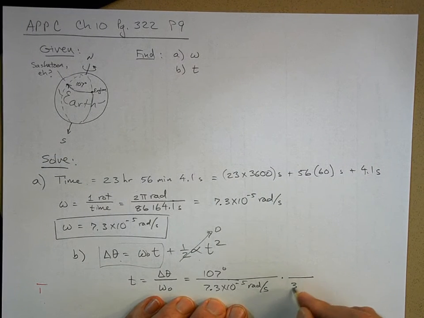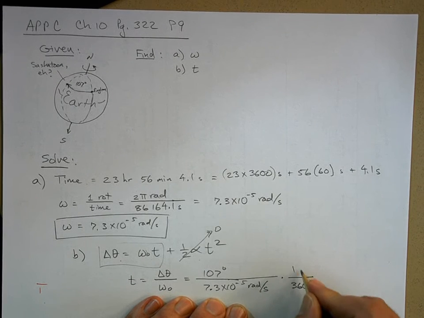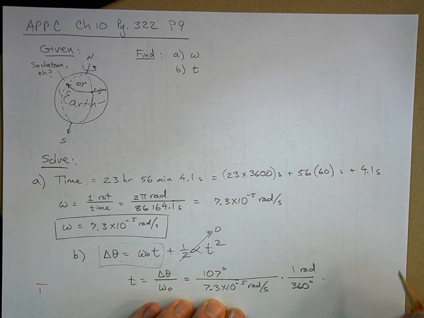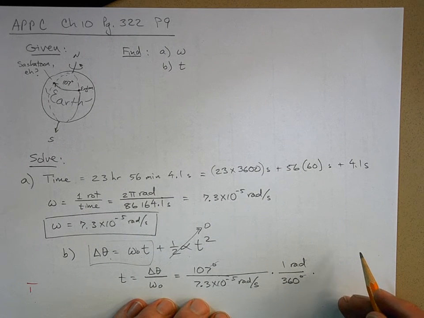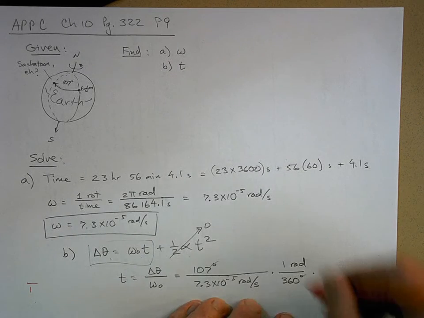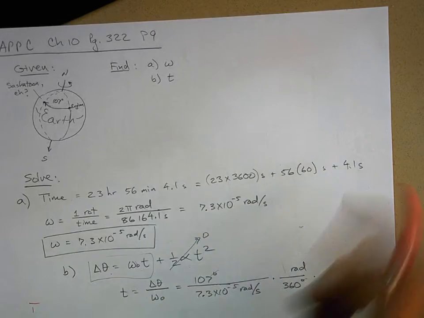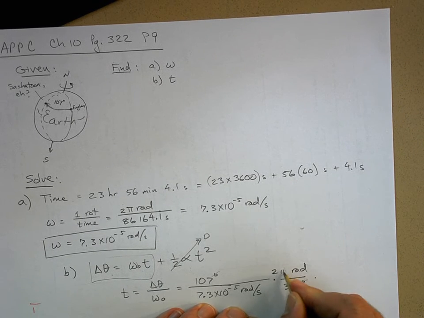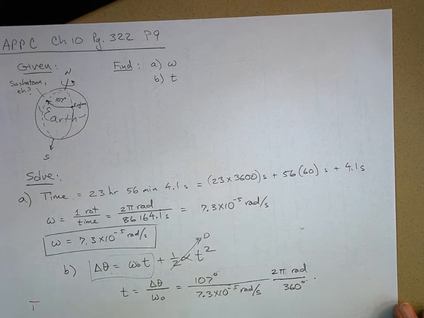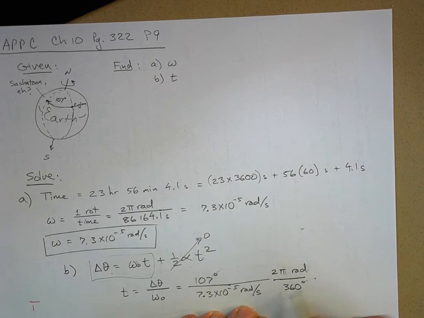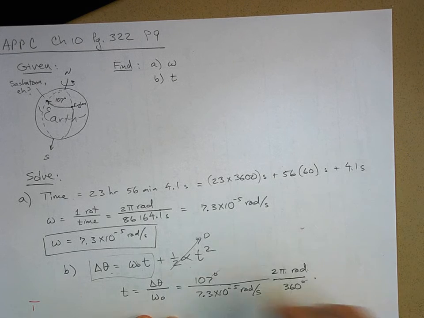There's 2 pi radians in 360 degrees. I was just testing you. Actually, this is why I like to do this live instead of by myself, because I make mistakes all the time. All right, 2 pi radians is 360 degrees, so that cancels out the degrees.